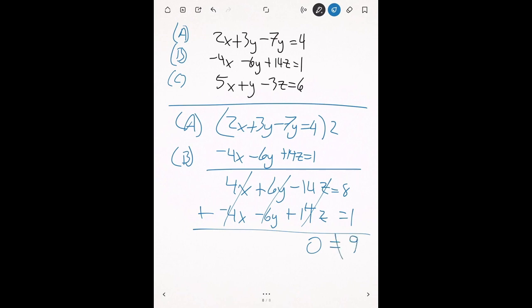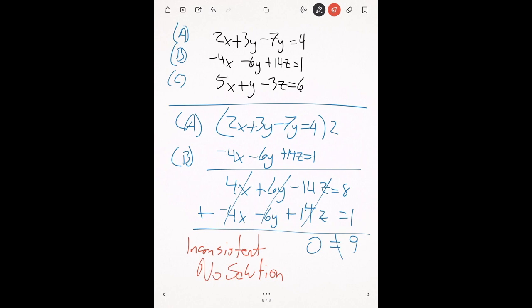Well, that's not true, that's a contradiction. So what's going on here? Well, we can actually go ahead and say that this is inconsistent. No solution. This is an inconsistent system.